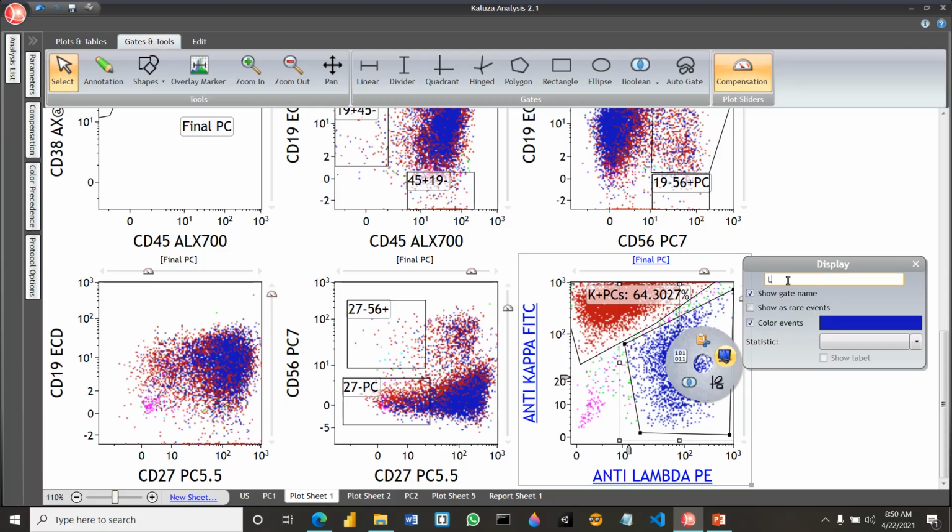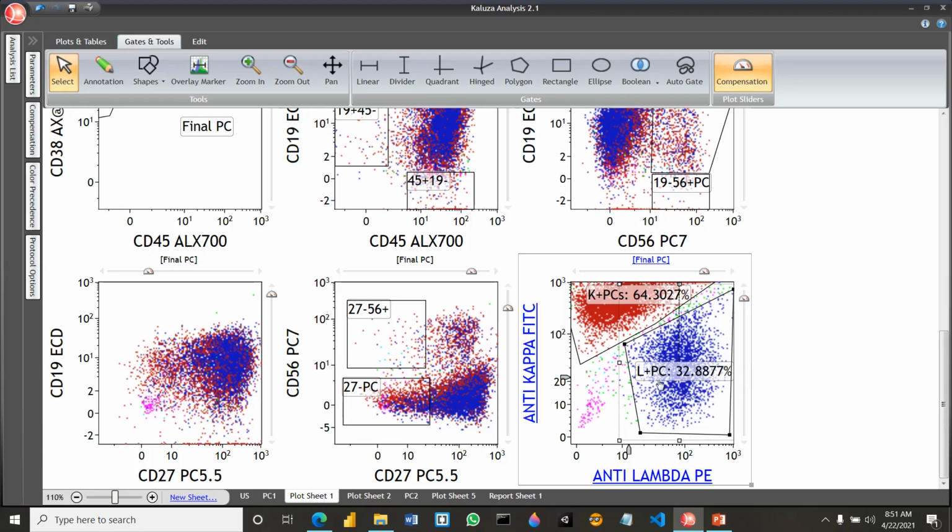These are lambda positive, and their percentage is 32, which looks pretty normal. Right, so we have both kappa and lambda.